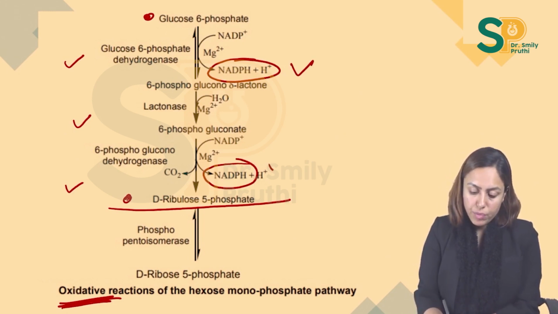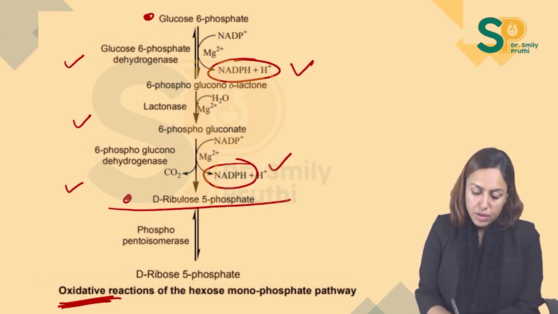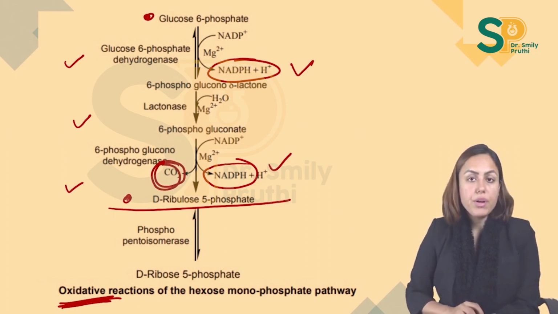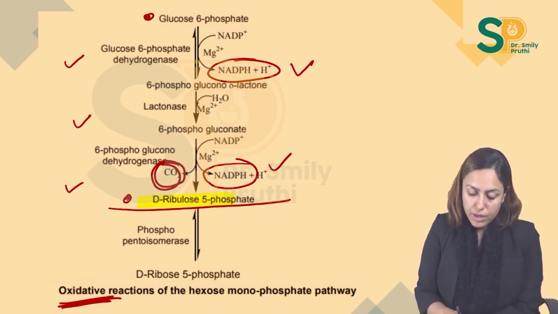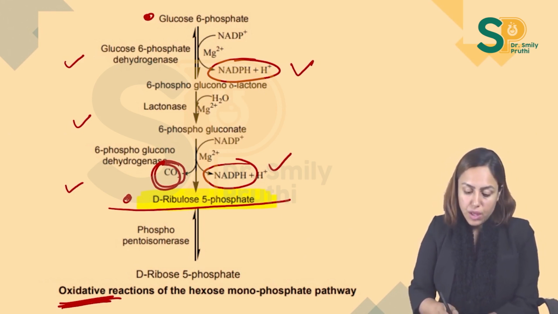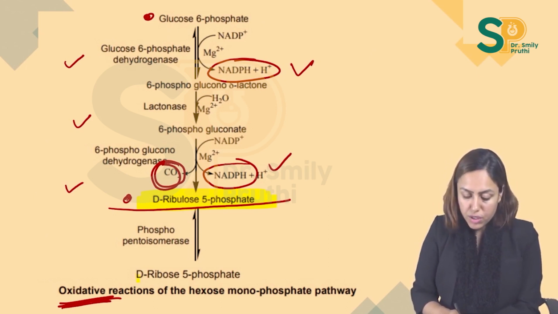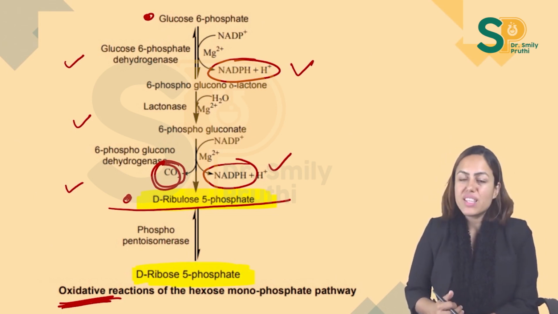So 2 NADPH are obtained in phase 1 of HMP, that is also one of the MCQs. Carbon dioxide also we are getting in phase 1. So we get ribulose 5-phosphate at the end of phase 1. Now when phase 2 is starting, this ribulose gets converted to ribose. So ribulose is used, ribose is produced.